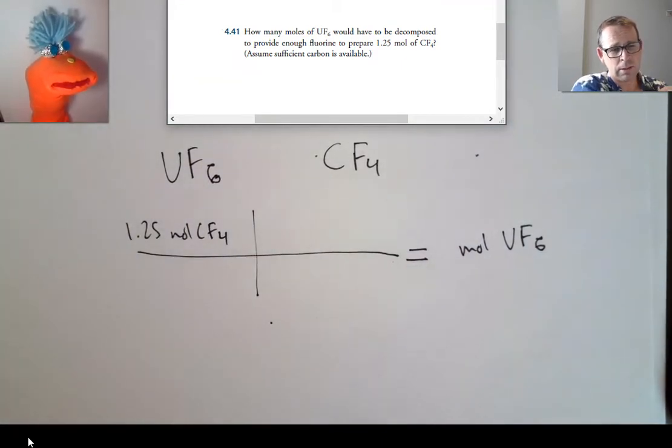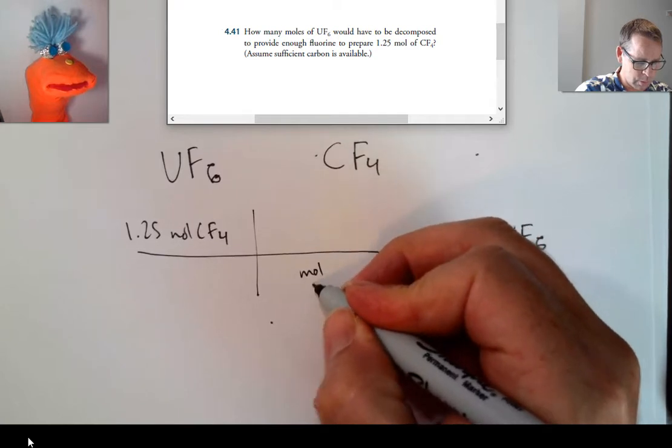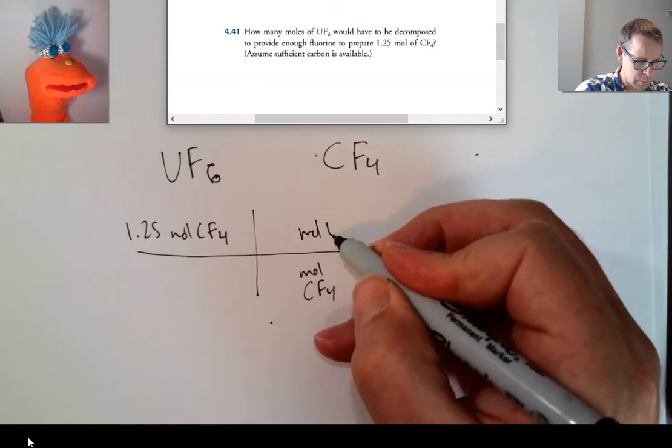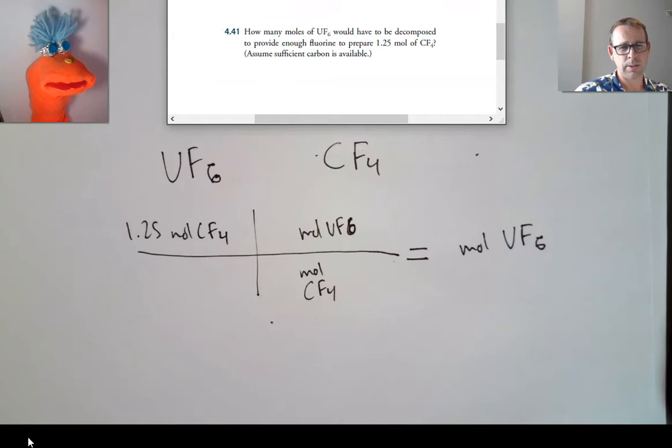Okay. And essentially, I need to relate the moles of CF4 to moles of UF6. All right? Well, I'm not quite sure.